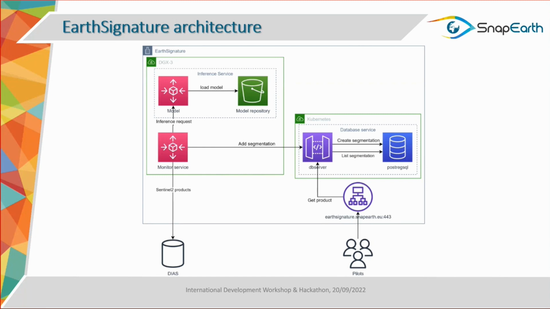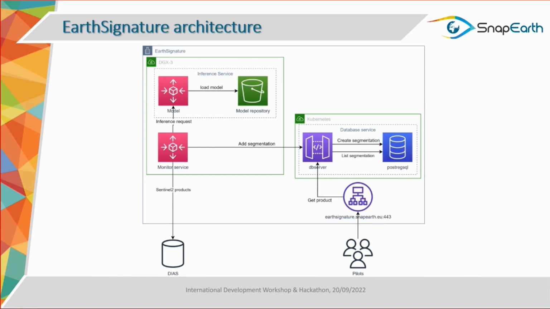They store a lot of satellite images on their own servers, which are cloud accessible. So on the left, we process data and we do the segmentation with a machine learning model. It's called an inference request.